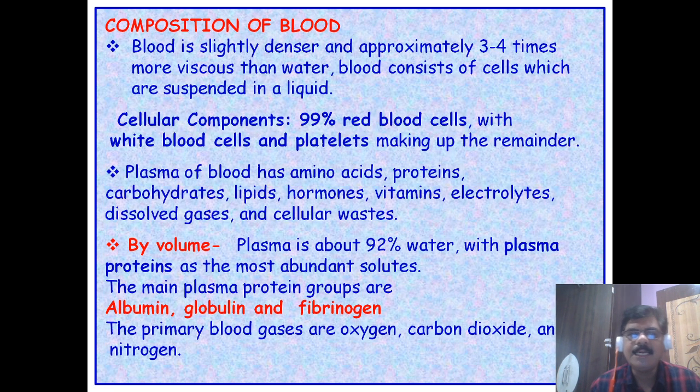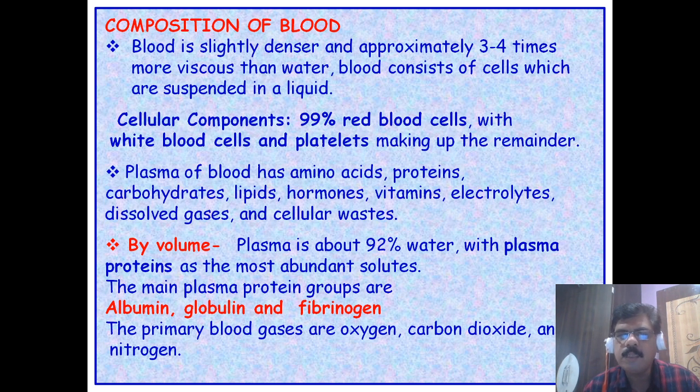Then blood is slightly denser and somewhat viscous, approximately 3 to 4 times more viscous than water. Blood consists of cells which are suspended in the liquid. The 99% of RBCs with WBCs and platelets make up the remainder of the blood.